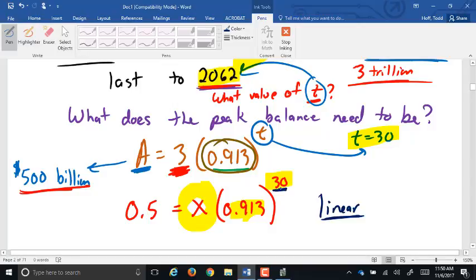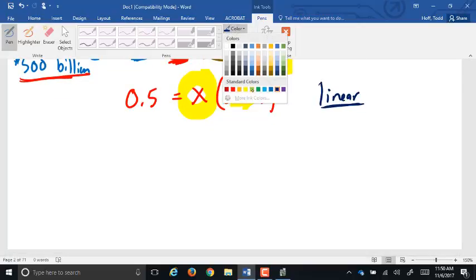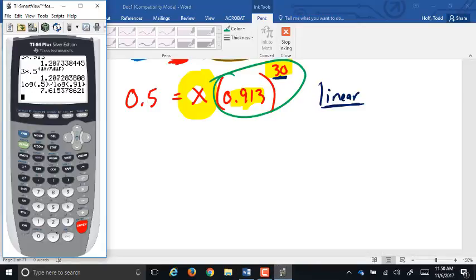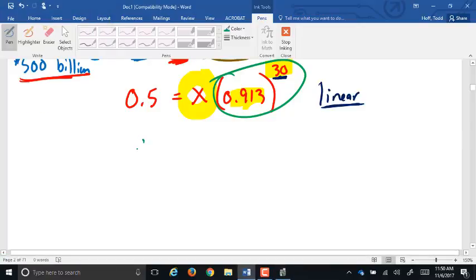It's not. So we can take this piece here and turn it into a number. We can take 0.913 to the power of 30 and get 0.065. So this is really just 0.5 equals x times 0.065. So this is a linear equation all the way.